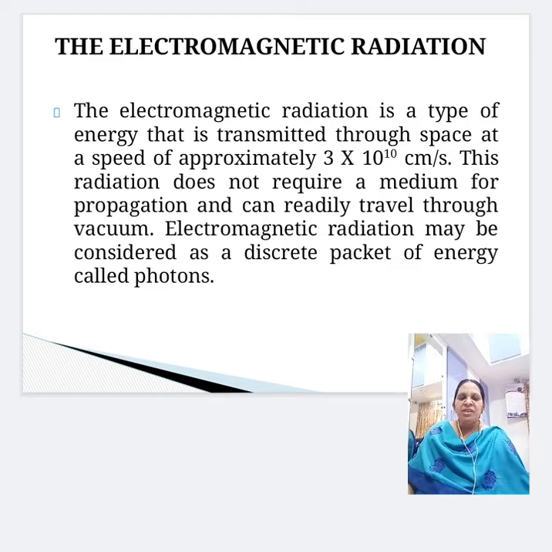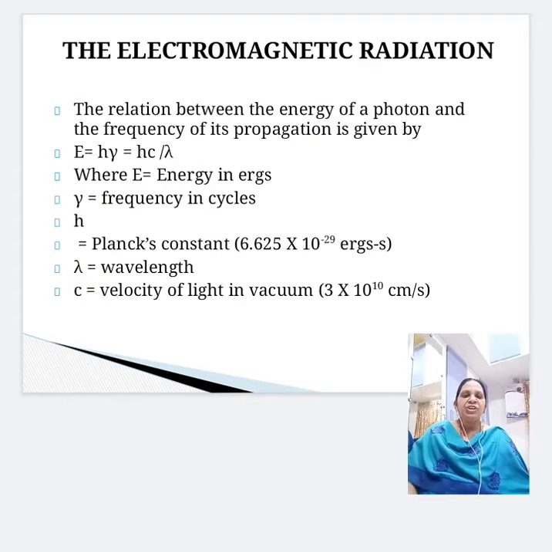This radiation does not require a medium for propagation and it can readily travel through vacuum. Electromagnetic radiation may be considered as discrete packets of energy called photons. The relationship between energy of the photon and the frequency is given by E is equal to h nu.